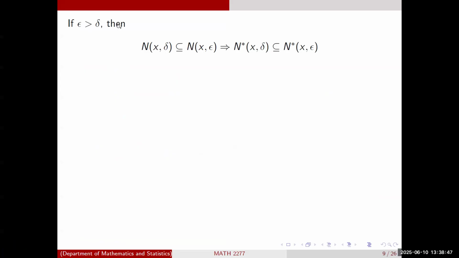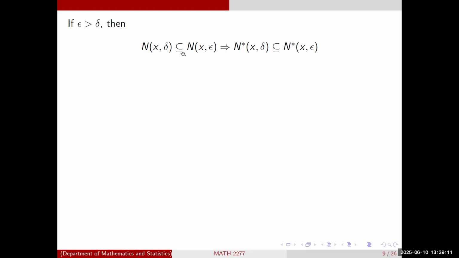So if epsilon is bigger than delta, again, they're doing the same sort of argument, then the neighborhood centered at X of radius delta is contained in the neighborhood centered at X of radius epsilon, because epsilon is the circle with the bigger radius. So we get this inclusion.